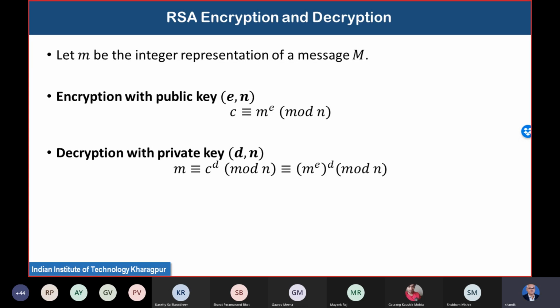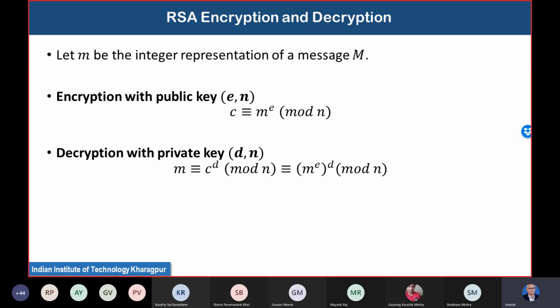Once Bob gets that ciphertext c transmitted from Alice, Bob uses his private key for decryption. Basically the symmetric process is done. c is now raised to the power d. There, m was raised to the power of e; here c is raised to the power of d, and d is known only to Bob. So c raised to the power d mod n is computed.